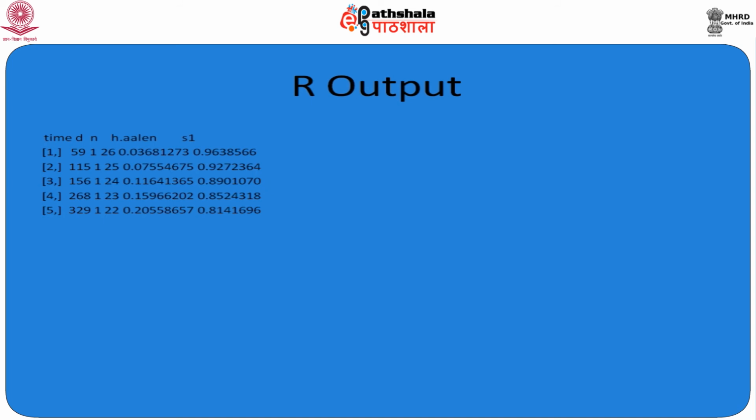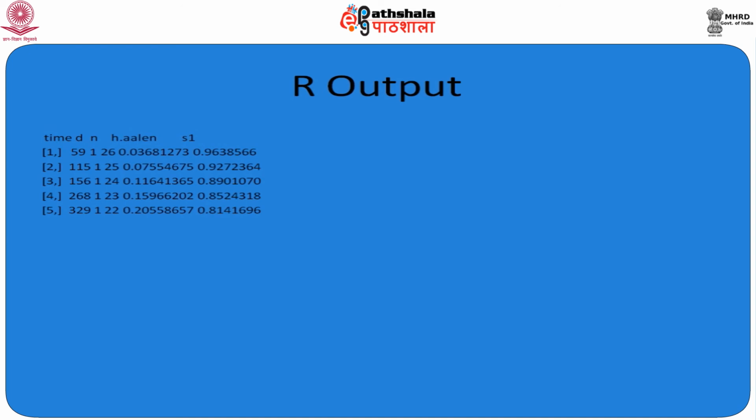So here you can see for time points 59, 115, 156, 268, 329, the number of patients who died was 1, 1, 1, 1, 1, and the number of patients at risk were 26, 25, 24, 23 and 22.